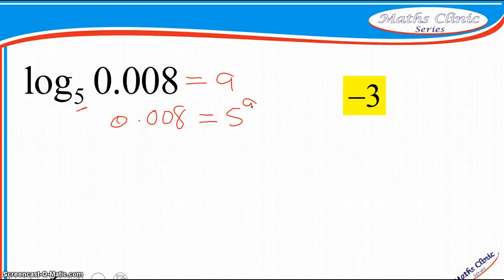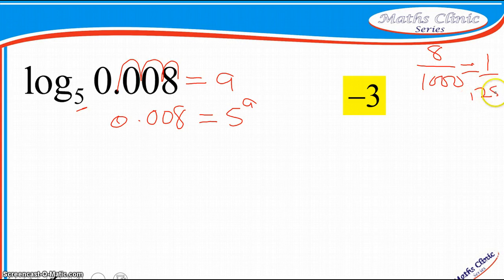Then this can be converted into a fraction, which is the same as 8/1000, right? Because we can move the decimal point 1, 2, 3, and that will give us 8/1000. And writing 8/1000 in the lowest form will give you 1/125, right?